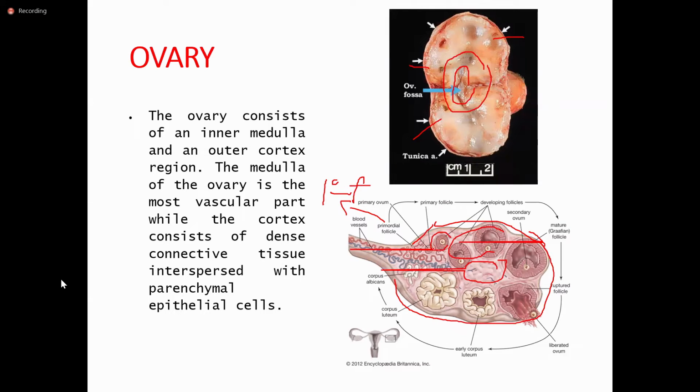For the primary follicle, this is also composed of single layer of follicular cells or granulosa cells that are cuboidal in shape. Cuboidal in shape. Whereas for the secondary and other developing follicles, these are composed of at least 6 to 9 layers of granulosa cells.